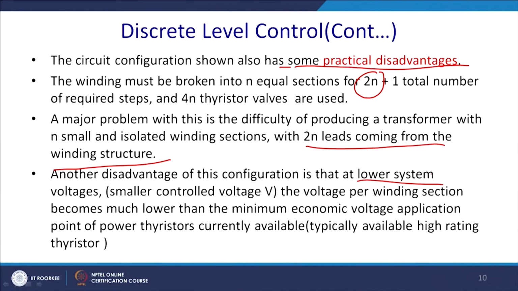Another disadvantage of this configuration is that at lower system voltage, with smaller control voltage V, the voltage per winding section becomes much lower than the minimum economic voltage point of the typically available power rating of the thyristors.